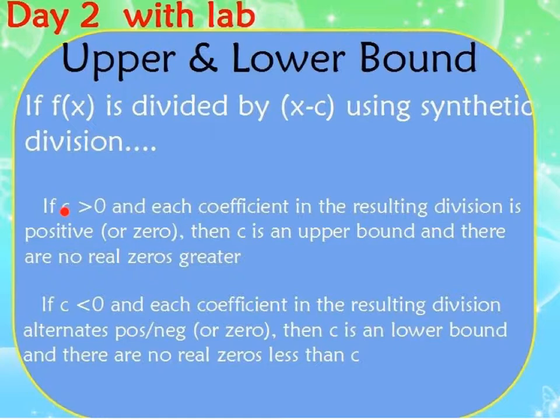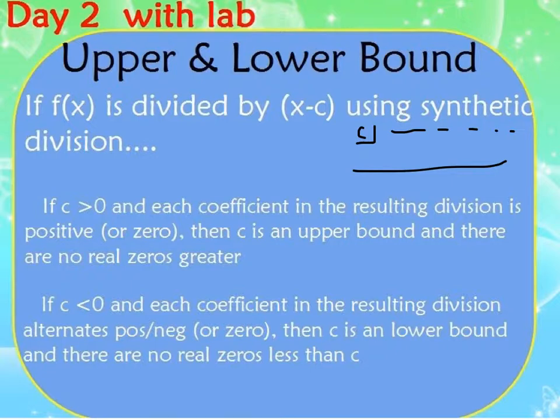k is greater than 0, so it's going to be a positive number, and each coefficient in the resulting division is positive. Okay, let's write that out, what they're talking about. Remember, you're just doing your synthetic division. You got some C value up here, you got some numbers here, and you're going to do this business.